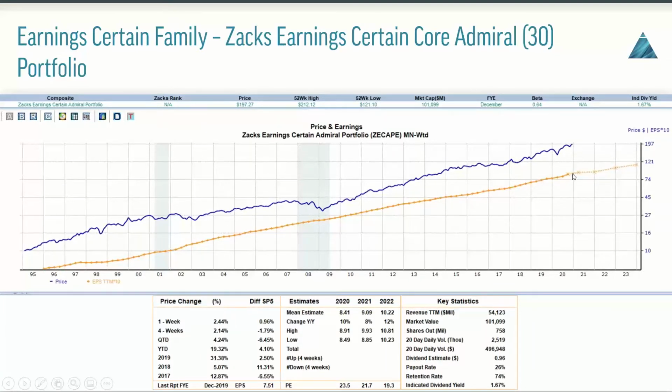And I want you to see how good of a job we did with this portfolio, because it's practically unheard of to be able to design a portfolio in advance of COVID, where we were actually able to not only sustain earnings growth through the COVID shutdown, the Admiral portfolio was able to grow earnings. In other words, earnings growth actually accelerated.